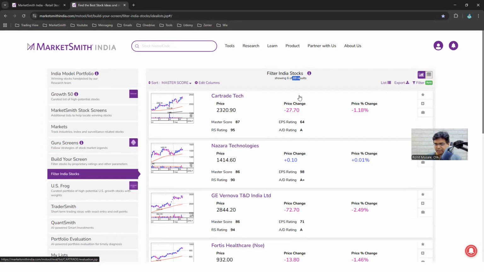You might see one or two stocks in this list shoot up, and you might feel that, oh, I missed the stock, but that is not the case. If you had bought that stock, along with it you could have bought other stocks as well, which were not completely in sync with our criteria.